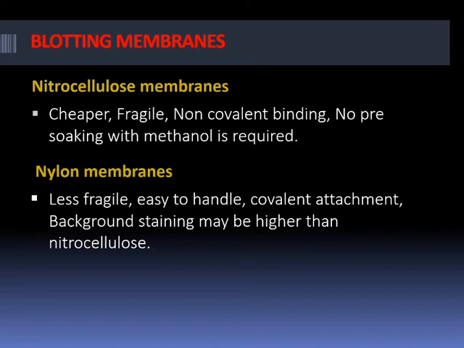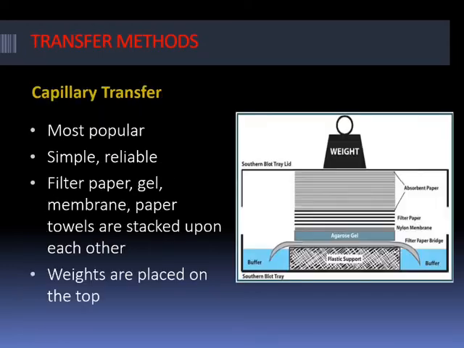It is fragile, though. Next, the nylon membrane. This can also be used; it is less fragile, easy to handle, and has covalent attachment. Background staining may be higher than with nitrocellulose. So either can be used, depending on need.